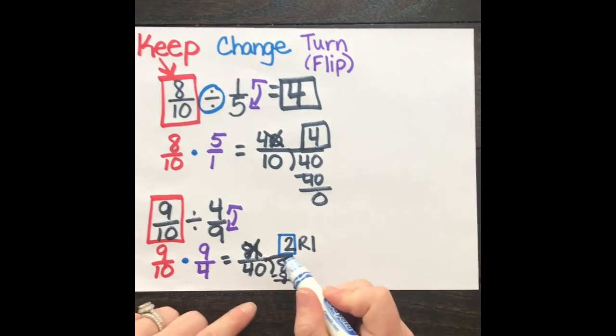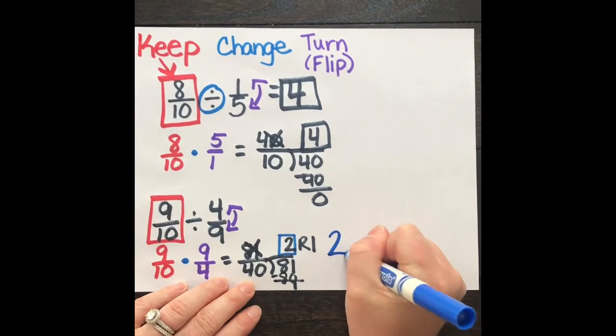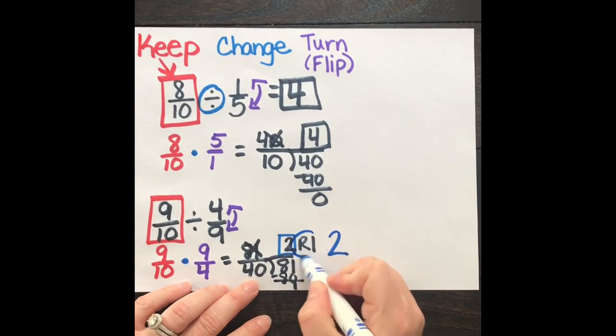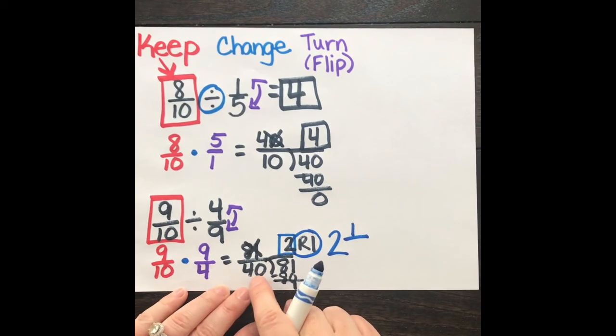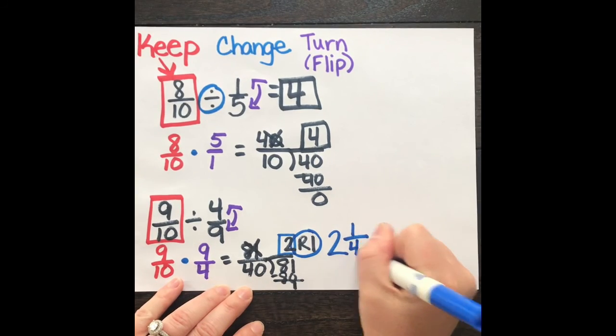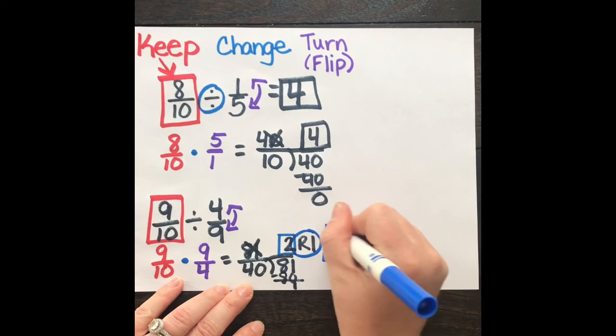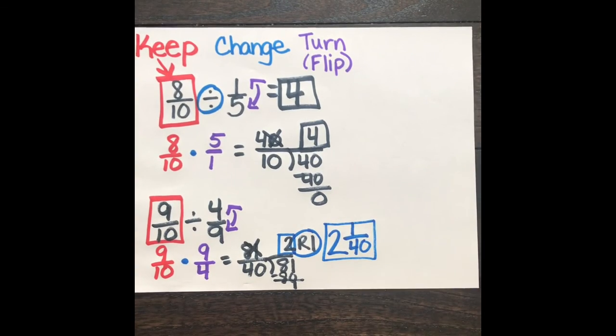My quotient is my whole number, my remainder is my numerator, and you always keep your denominator, our 40. So our answer is 2 1/40 in simplest form.